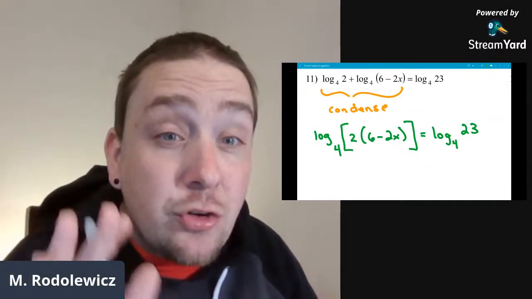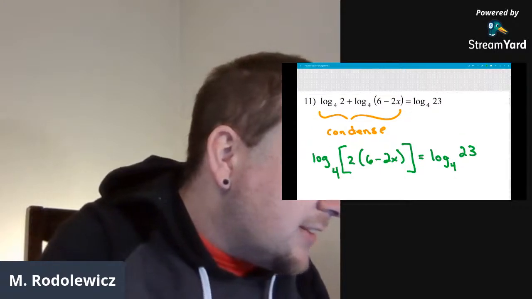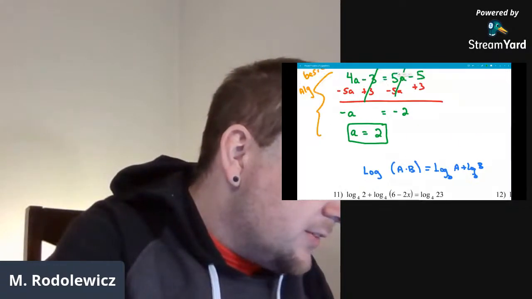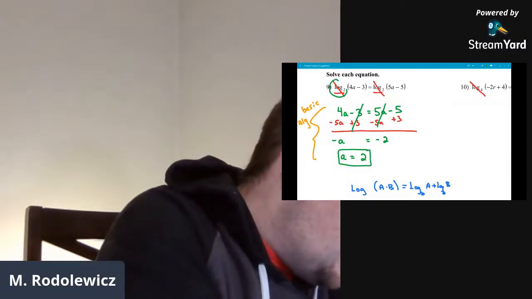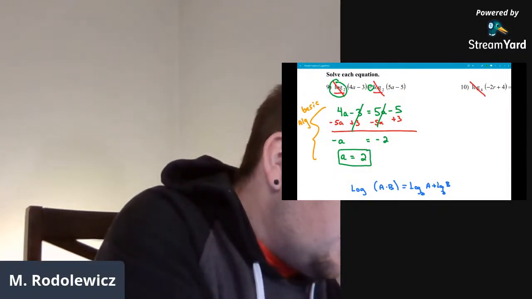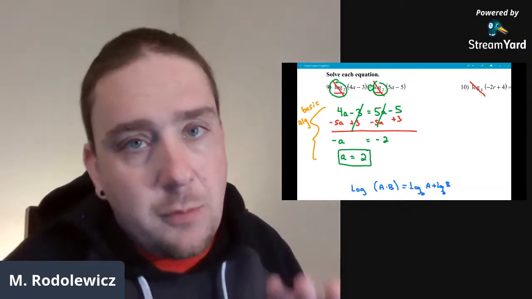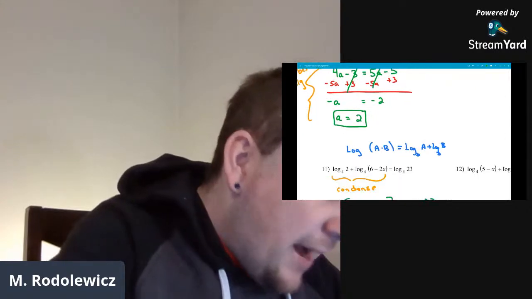Now this is similar to numbers 9 and 10. How come? Scroll up here, look at this. Because in numbers 9 and 10, we have a logarithm equal to a logarithm. That's it. There's not multiple logarithms. It's one logarithm equal to another logarithm. We have that now.